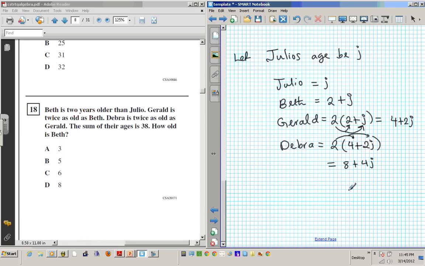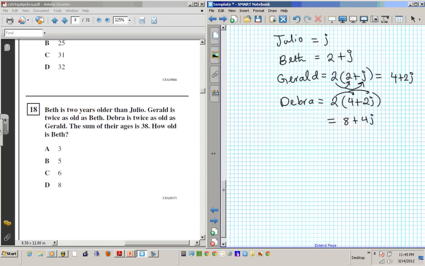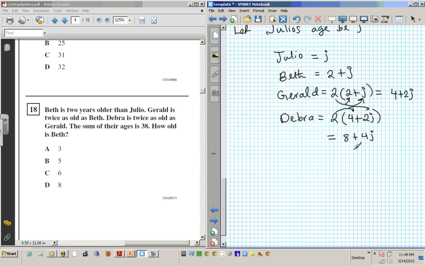Okay? The sum of their ages is 38. So how old is Beth? If I can find J, then I can solve what Beth is because it's 2 plus J. So I'm going to add J, and then 2 plus J, and then 4 plus 2J, and then 8 plus 4J. Add them all together.